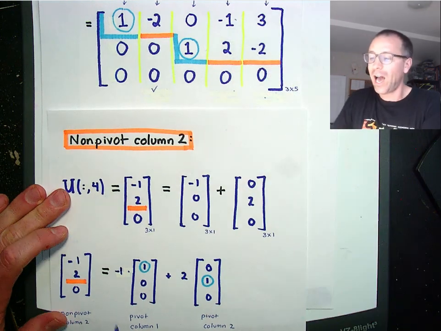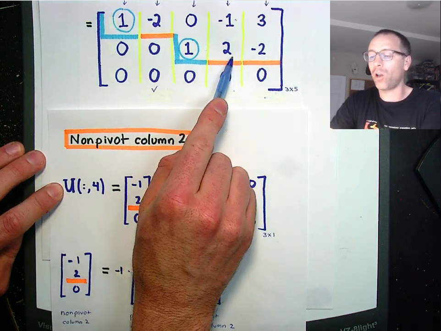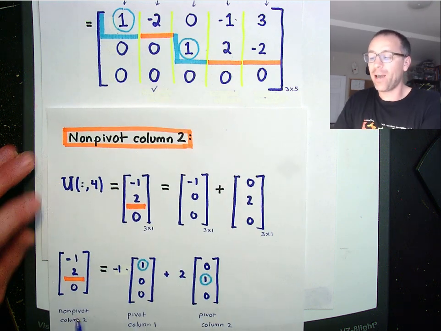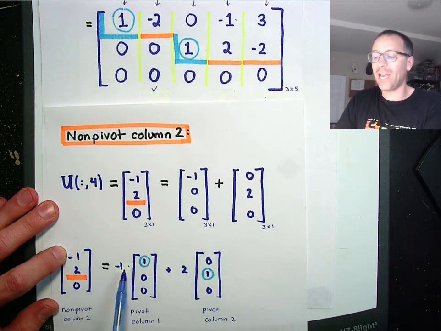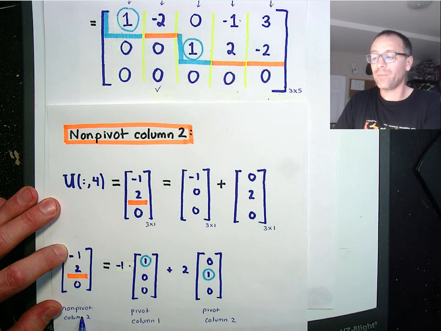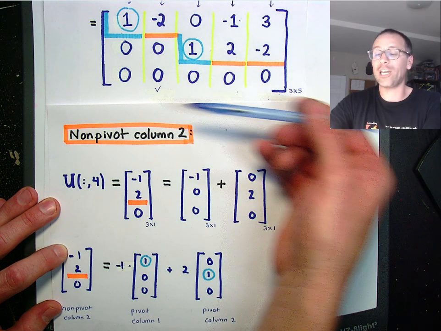In other words, I can decompose my fourth column as a linear combination of columns 1 and 3: -1, 2, 0 equals -1 times 1, 0, 0 plus 2 times 0, 1, 0. Non-pivot column 2 is a linear combination of pivot column 1 and pivot column 2, looking backwards.